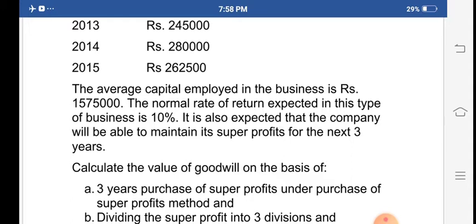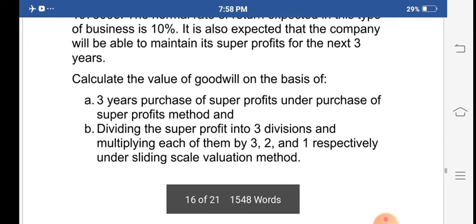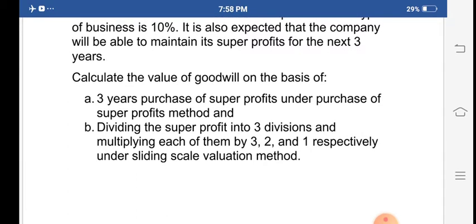It is also expected that the company will be able to maintain its super profits for the next 3 years. With the help of this information, calculate the value of goodwill on the basis of A, 3 years purchase of super profits under the purchase of super profit method, and B, dividing the super profit into three divisions and multiplying each of them by 3, 2 and 1 respectively under the sliding scale valuation method.